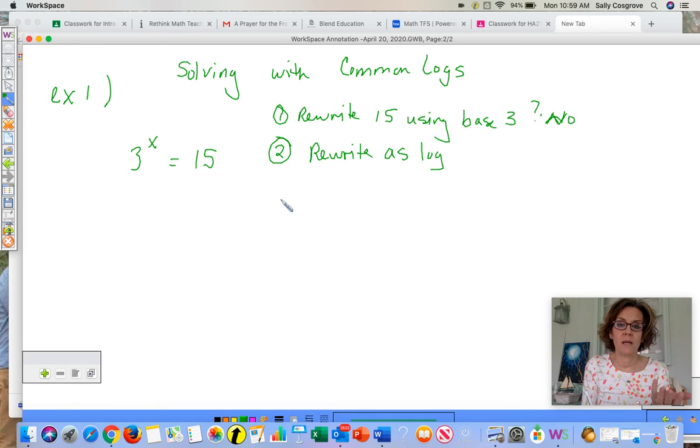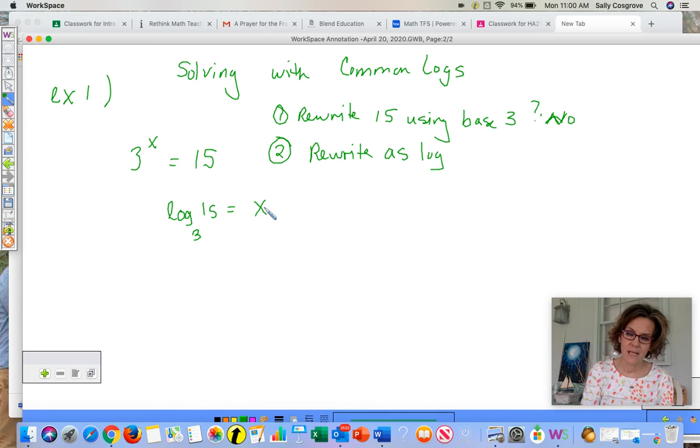Well, we would say log base 3 of 15 equals, and then there we are. Because I don't know what log base 3 of 15 is. Do you? No. Can we put this in our calculator? Not that we know of.